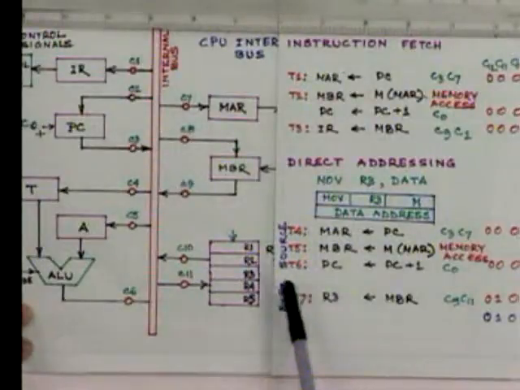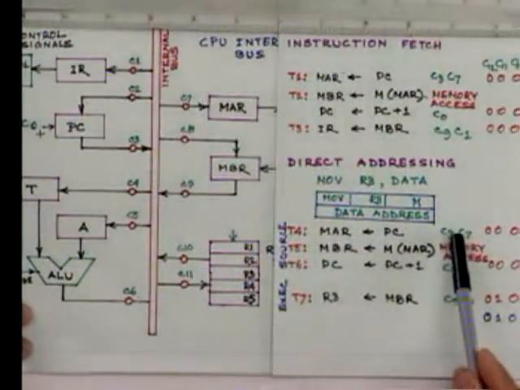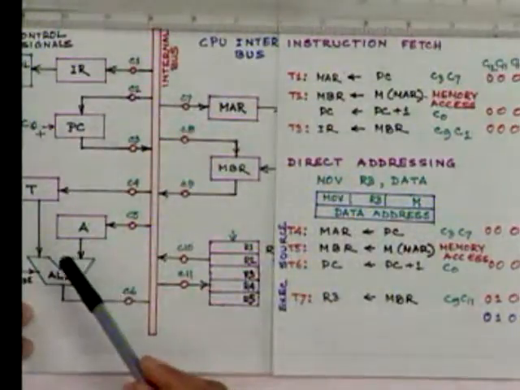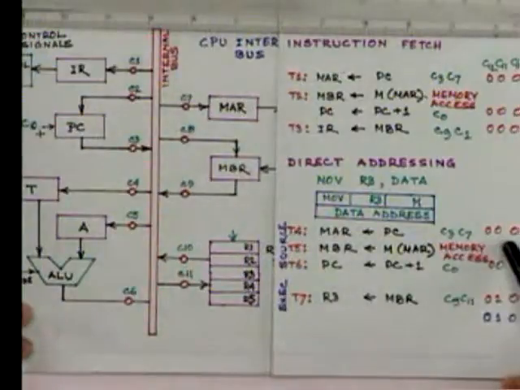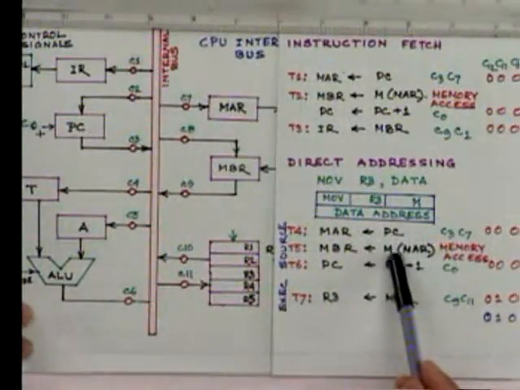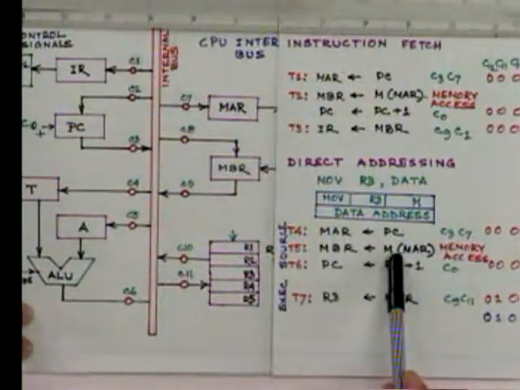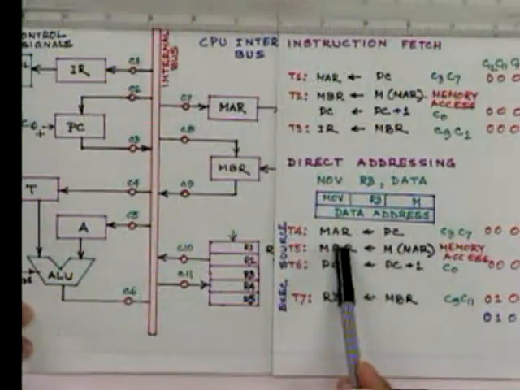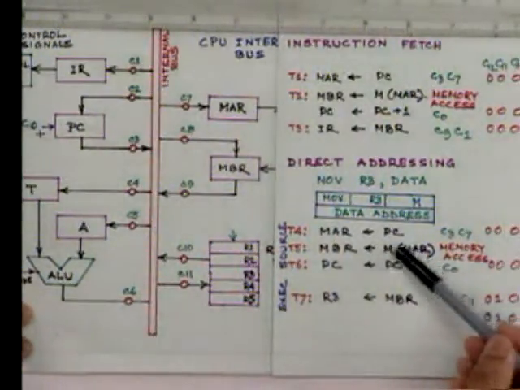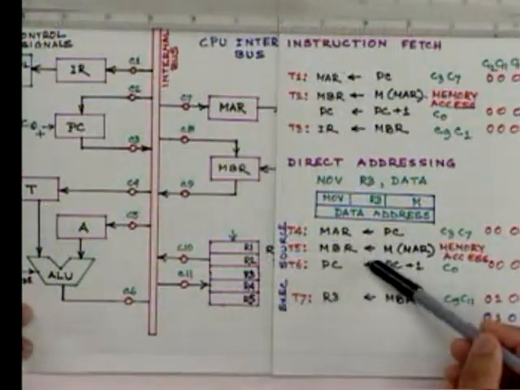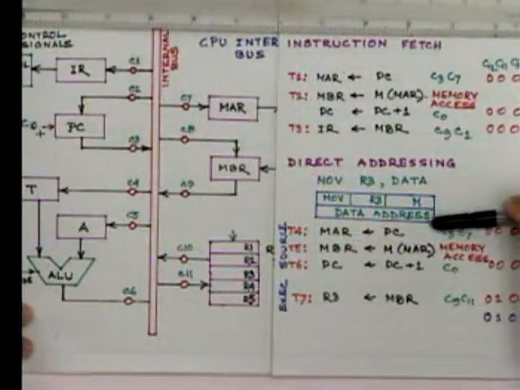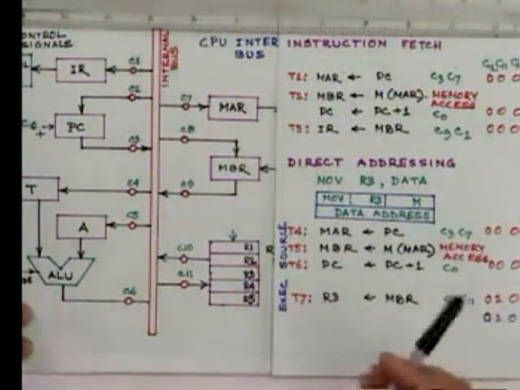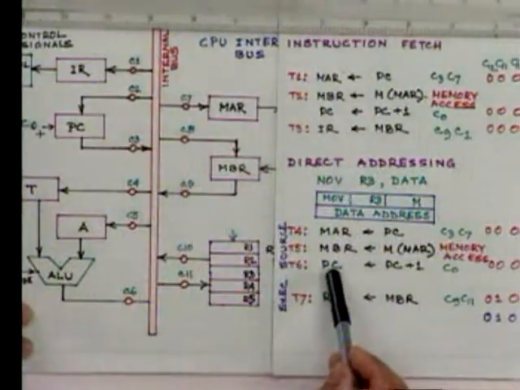For that, gates C3 and C7 have to be open, and once more a memory read is involved: the memory location addressed by the memory address register, its content will come to the memory buffer register. As it comes to the memory buffer register, in the next time step the program counter should be incremented by 1, so that it points to the next word. Therefore, here the program counter is incremented by 1.